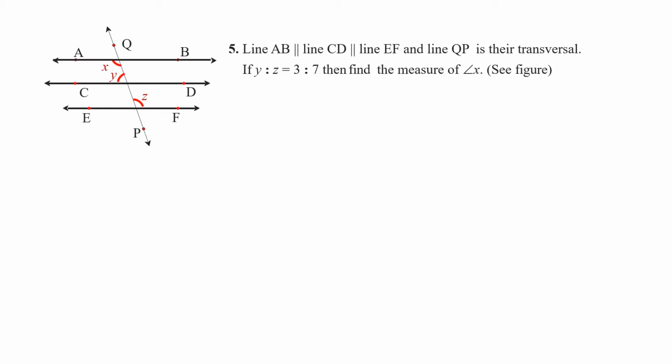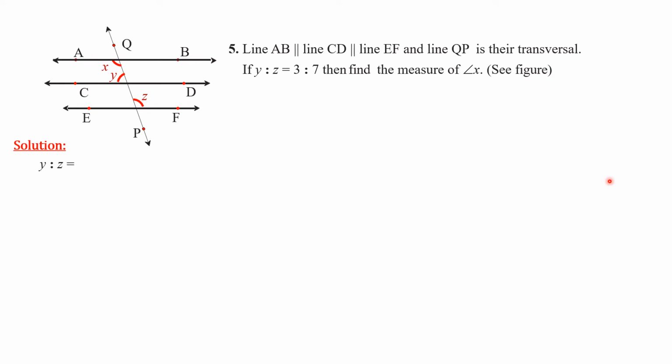Fifth example. Line AB parallel line CD parallel line EF and QP is their transversal. If Y is to Z is equal to 3:7, then find the measure of angle X. Solution.